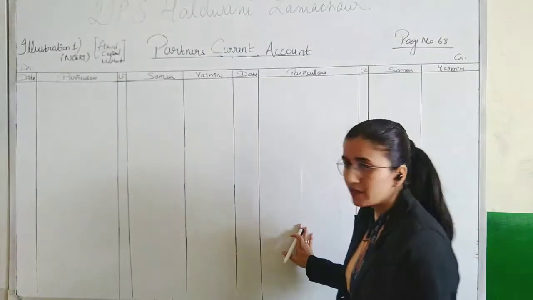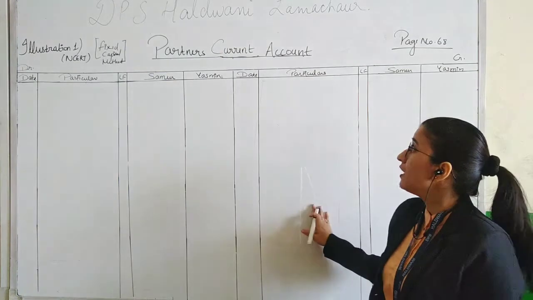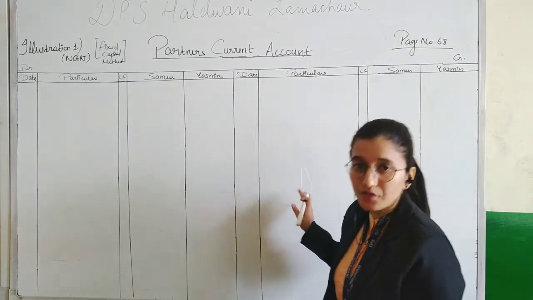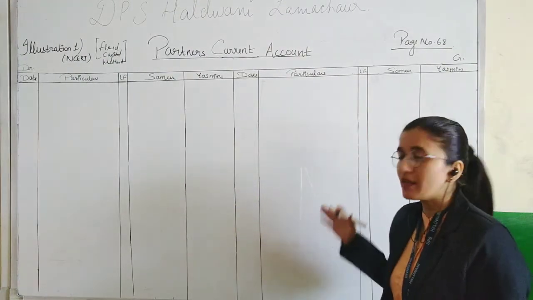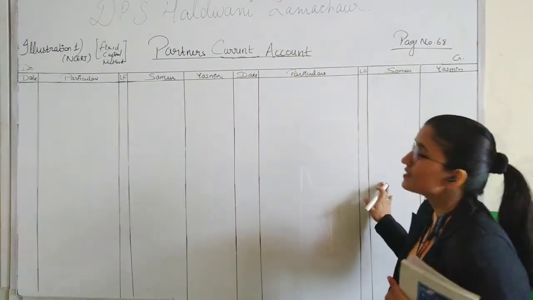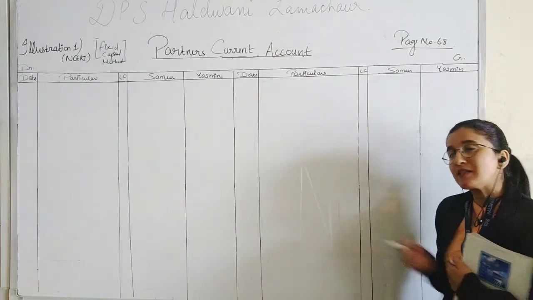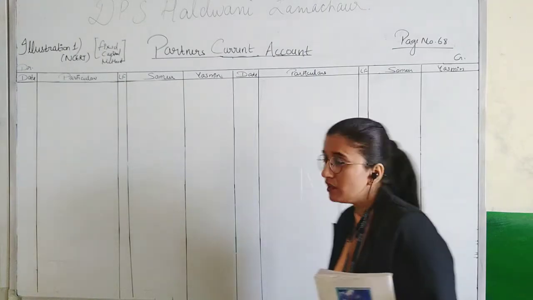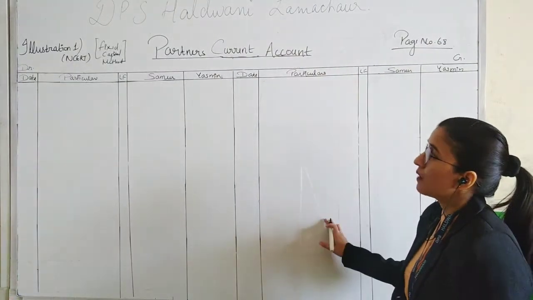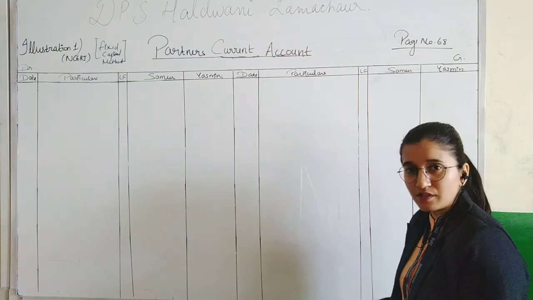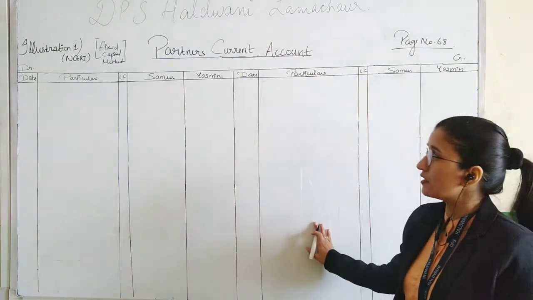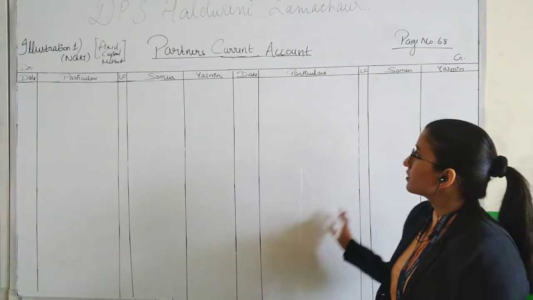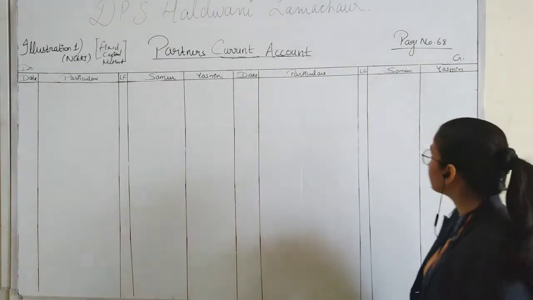Here in the partners' current account, we record all the transactions related to drawings, interest on capital, interest on drawings, salaries, commissions, etc. So on the credit side, we will record all the income of the firm, and on the debit side, we will record all the expenses of the firm. Why? Because the partners' current account is also a personal account, and the rule of a personal account is debit the receiver, credit the giver, and we are preparing this account on behalf of the firm.